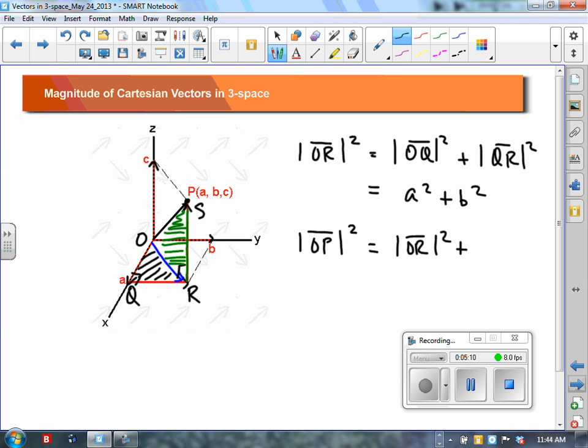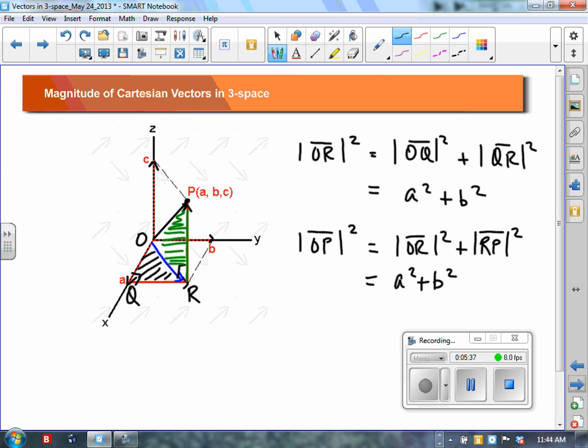Notice that I do have the point S here. That point is redundant. We don't need that notation, as the endpoint has been labeled with P. So let's get rid of that to make that clear. To that we're adding RP squared. Recall that from above, OR squared was a squared plus b squared.